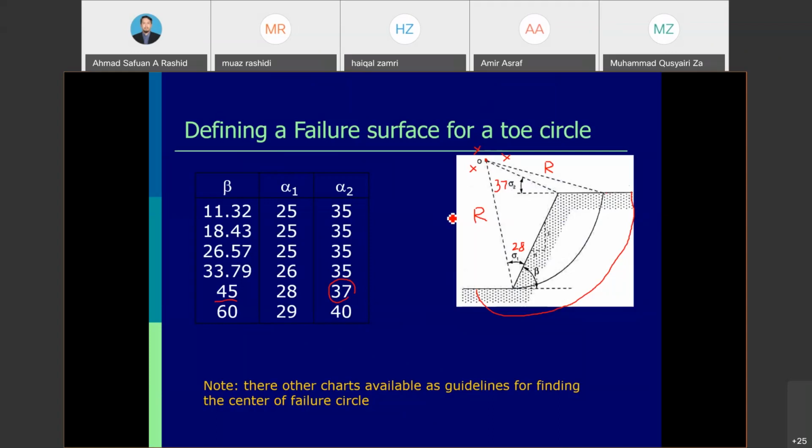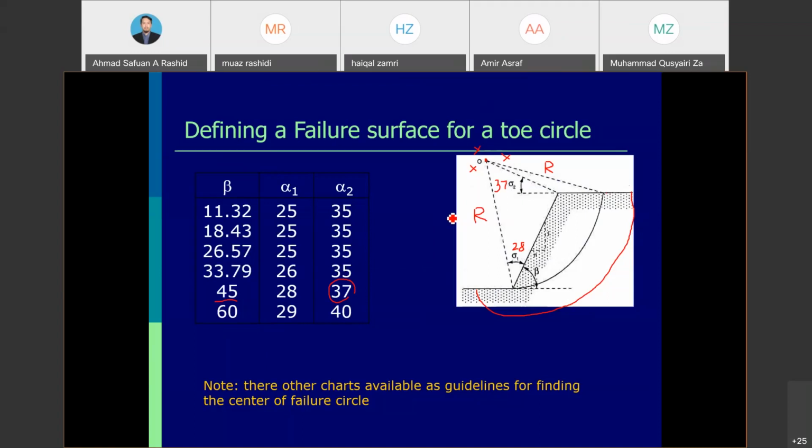So under the non-linear methods, we have first the total stress approach, and then we will discuss the method of slices.